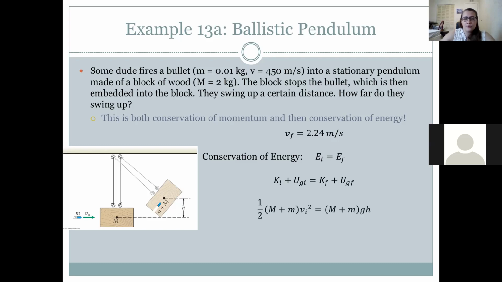At first, though, there's no gravitational potential energy because the block and the bullet are at that reference point. So the height is 0. And then at the end, there's no kinetic energy of the block because it's as high up as it possibly can go before it starts coming back down. So its velocity up there is momentarily 0.